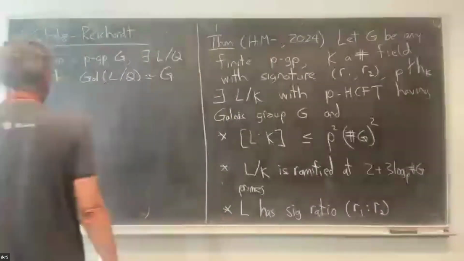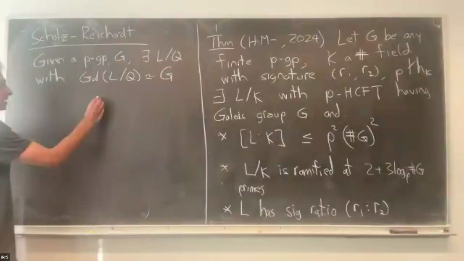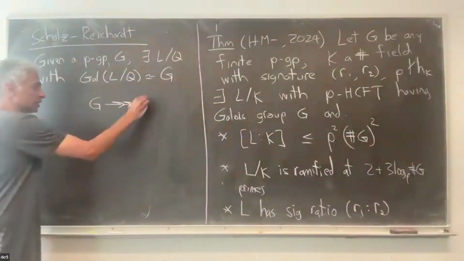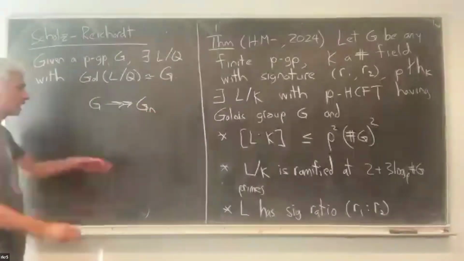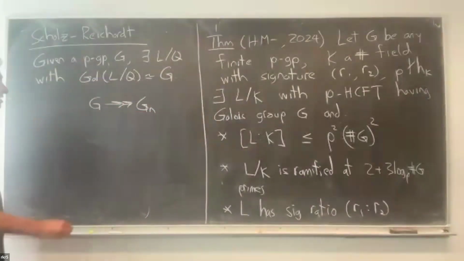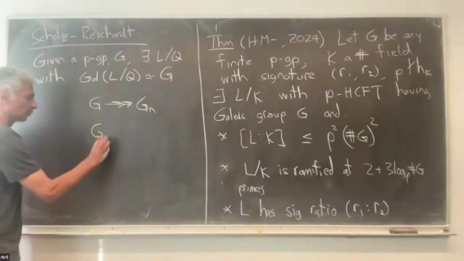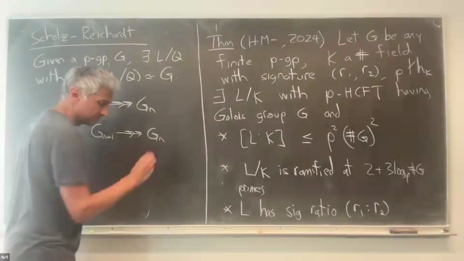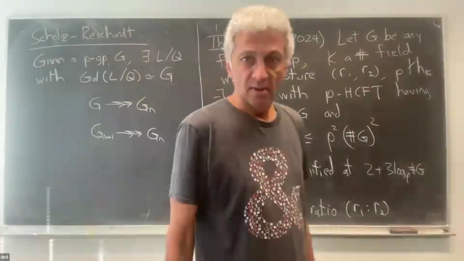And the way you do this is you use a basic fact of P groups, namely that G will surject onto a group Gn, and we'll have several of these such groups. Excuse me, Ravi. Yeah. It's for P odd.